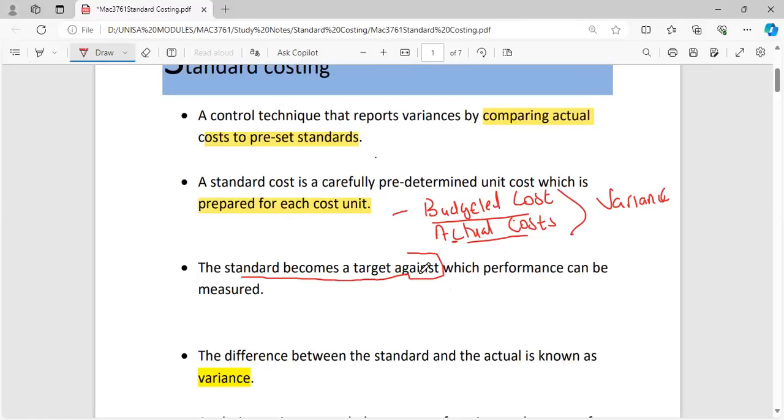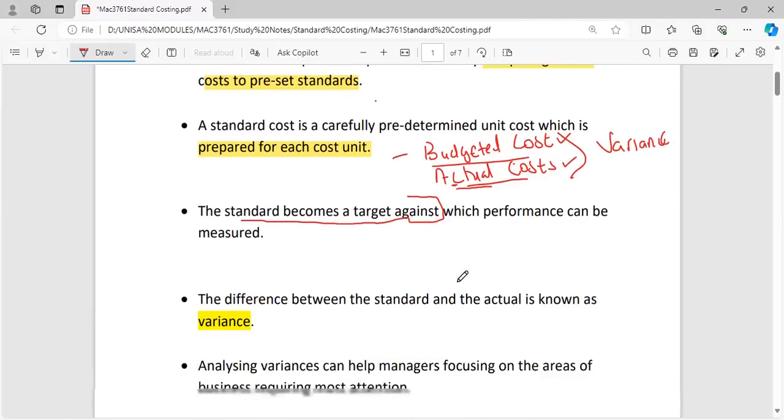So when you are doing a standard costing question, the first thing is to look at what are the budgeted figures and what are the actual figures. Then you can determine the variance from there. So it's easy as all that to do standard costing.